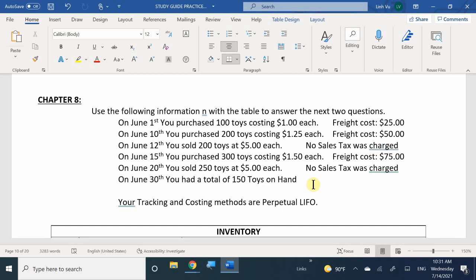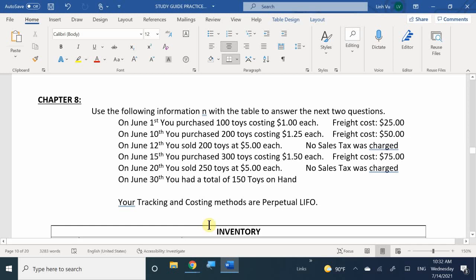This one I'm very specific. Here's 2 things that you need to know. Here's all the information, and you need to fill out the table here. And second, your tracking and costing method is perpetual LIFO, so last in are the first to go. Let's work this out one at a time.